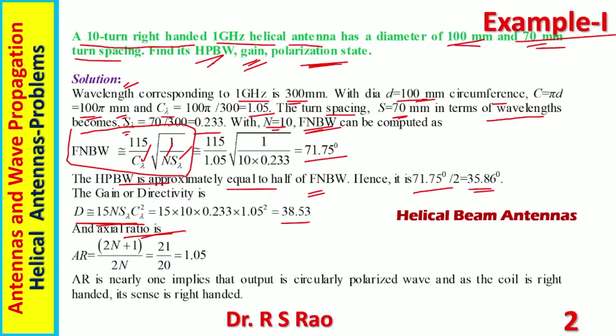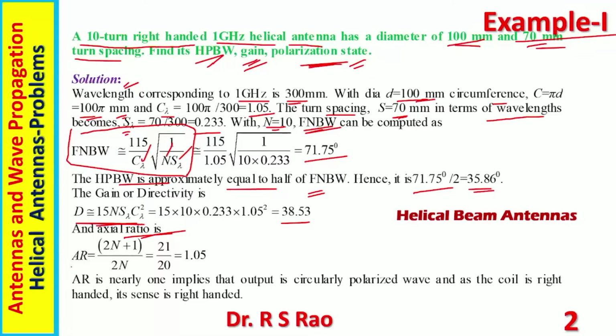In either case, it may be right-handed or left-handed. So, as far as non-linear polarization is concerned, sense is also an important aspect. When we are asked to give information regarding polarization state, we have to tell about sense when the polarization is nonlinear.